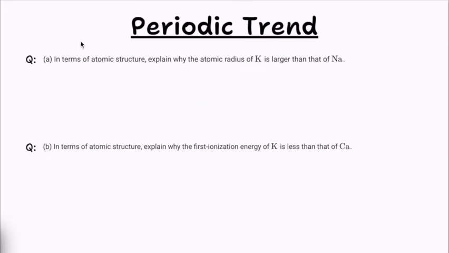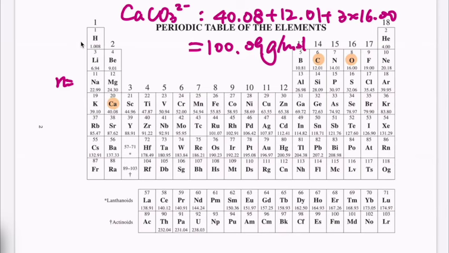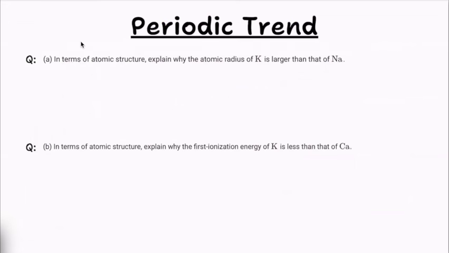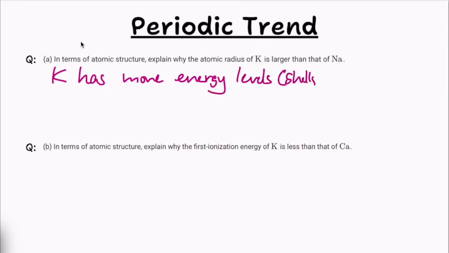In terms of the atomic structure, explain why the atomic radius of potassium is larger than that of sodium. Okay, so on this periodic table, potassium is on the energy level of n equals 4, and sodium is on energy level n equals 3. Okay, so potassium is larger because potassium has more energy shells, or more energy levels.